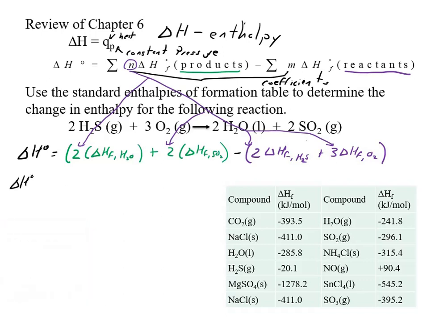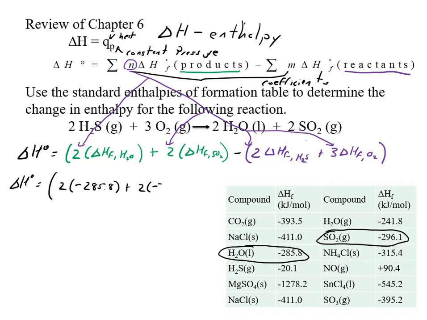So then my delta H naught is going to be 2 times the water as a liquid, which is a negative 285.8, plus 2 times the SO2 as a gas, which is this one, negative 296.1, minus 2 times that of H2S as a gas, which is this one, plus 3 times oxygen, which is not listed here, but oxygen is 0.